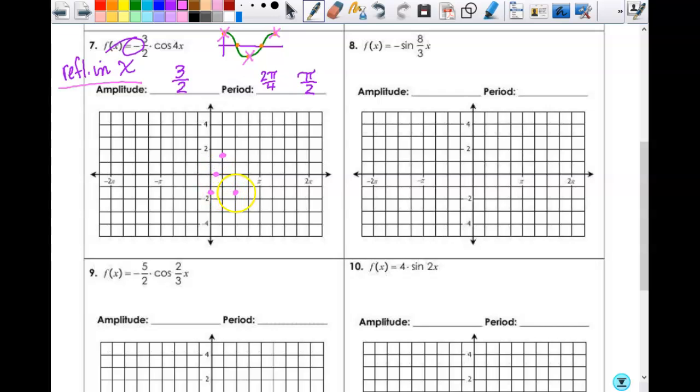And halfway in between these two, I'm at pi eighths, and I'm right there. Because the 0 is halfway in between these two, and this is at pi fourths. So now I have enough to repeat. Well, clearly my 0 is in every space, right? So I can just go ahead and fill all those in. And then your maximums and minimums just alternate.